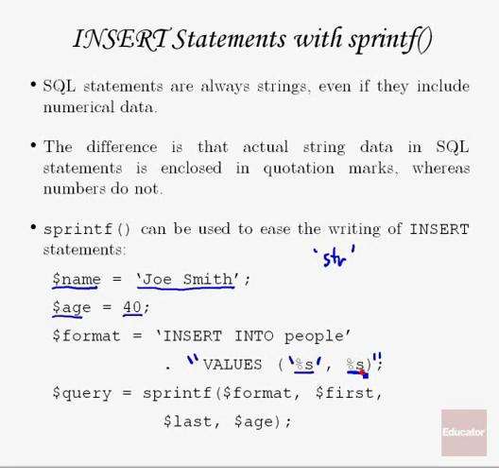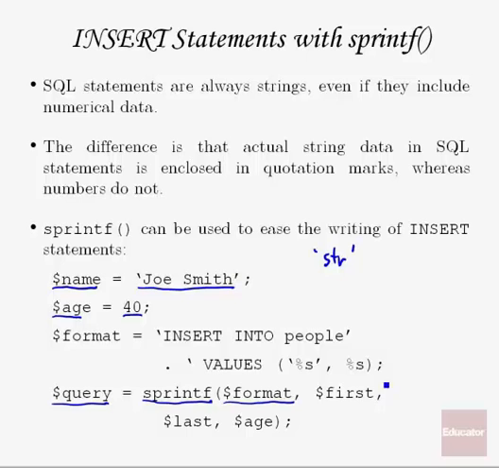So that's why here, even though we might be including an age, which is an integer, we're still going to use the %s value, because it's going to convert that age integer into a string to add to this built-up insert into query. So now we're going to create a variable called query. Basically, we're going to call sprintf on this format that we generated up here.